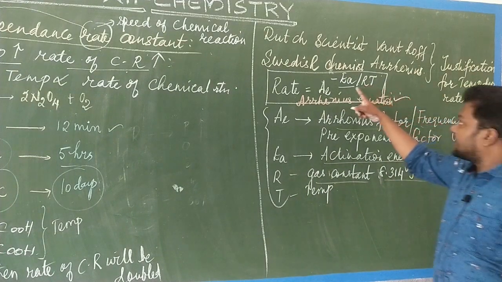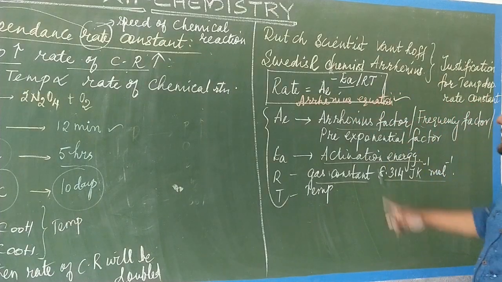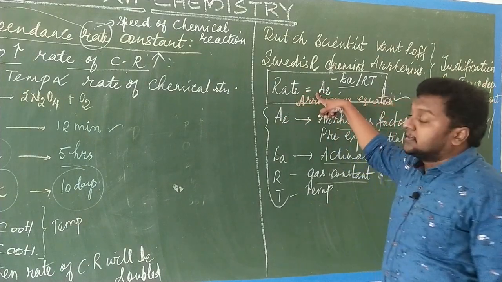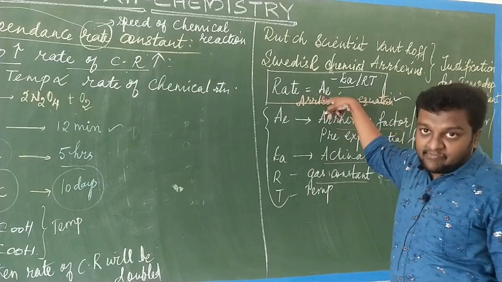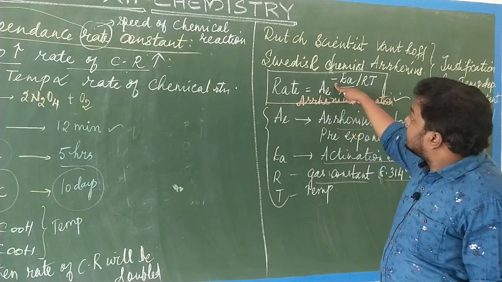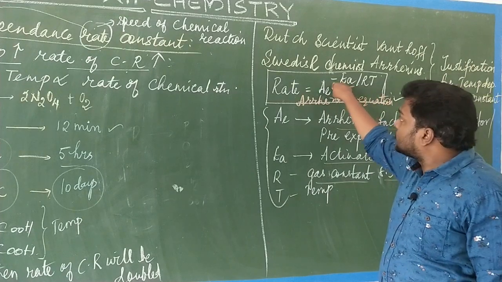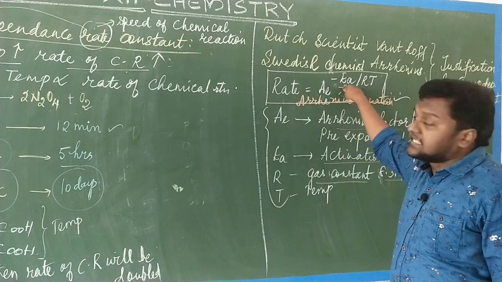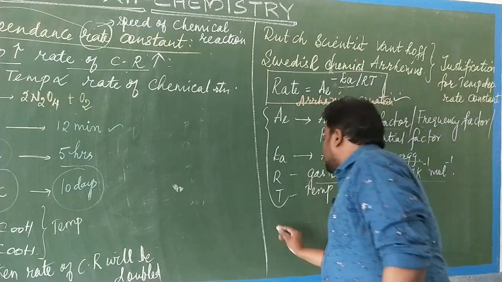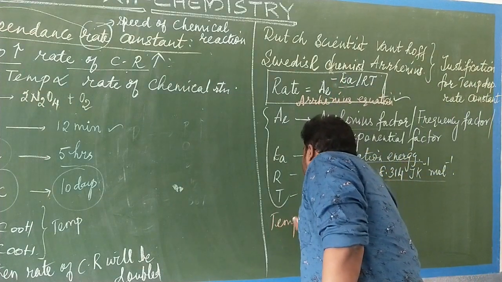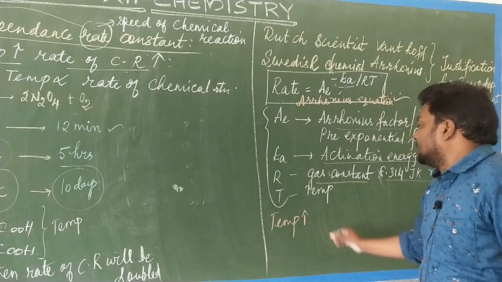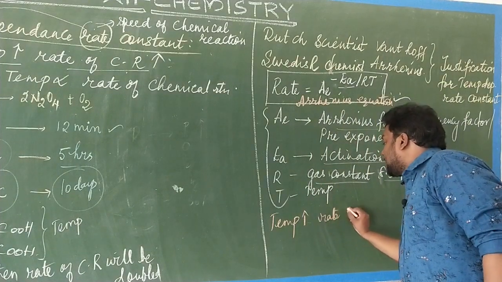In the equation you have to understand one thing. The rate depends on this Arrhenius factor, which is multiplied by the exponential term with minus Ea. What is Ea? It's the activation energy. Whenever the temperature is high, the rate will be high.